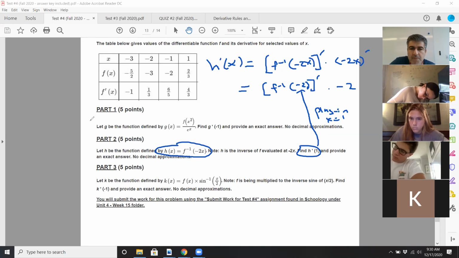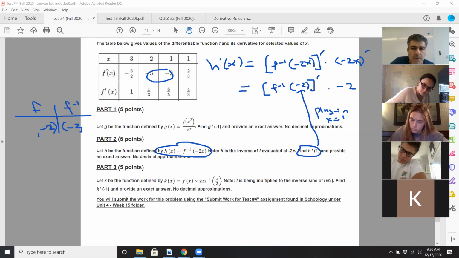Well, we know if we do a little table here, if you have -2 as an x coordinate on the inverse, it's -2 as a y coordinate on the original. Well, on the original, when y is -2, x is -1. So (-1, -2) is on the original, (-2, -1) is on the inverse.